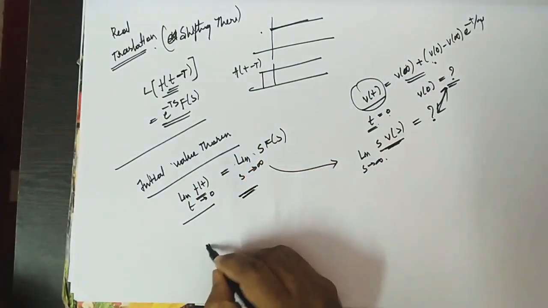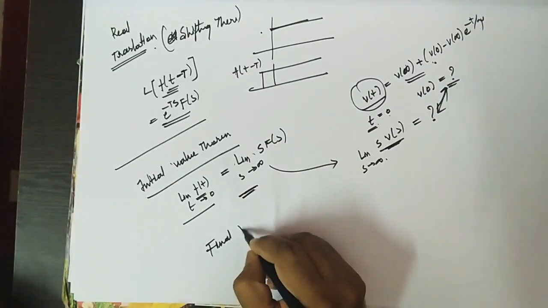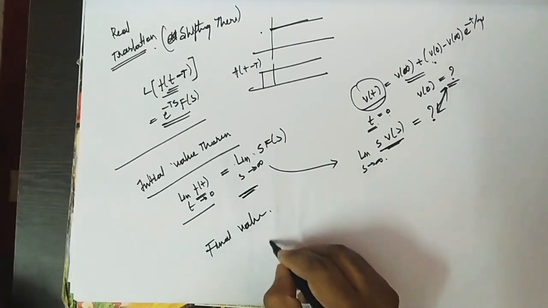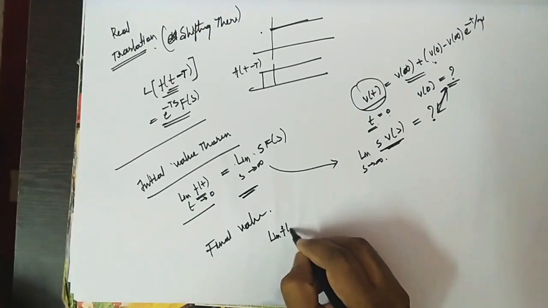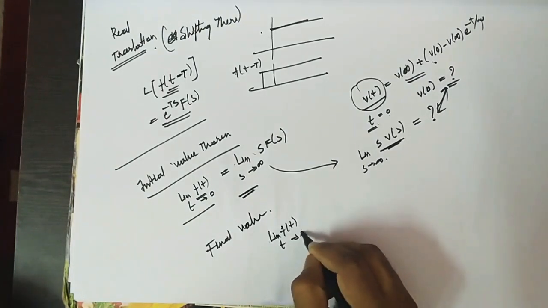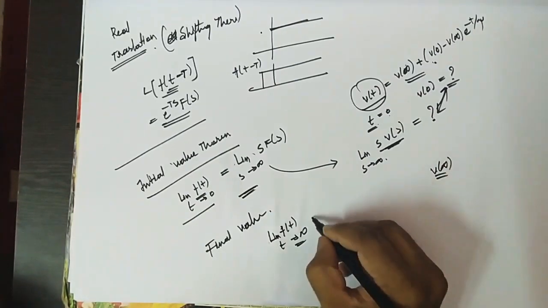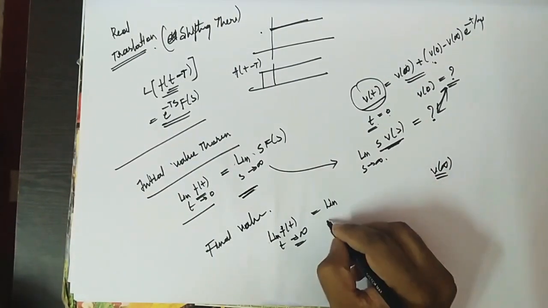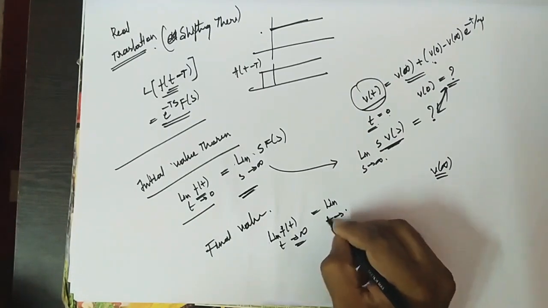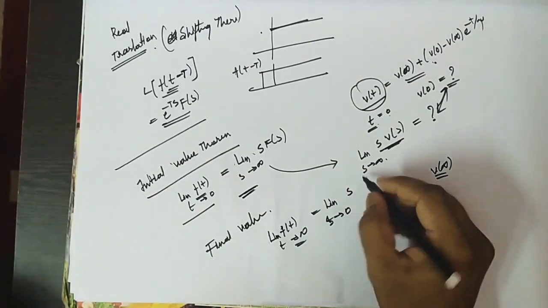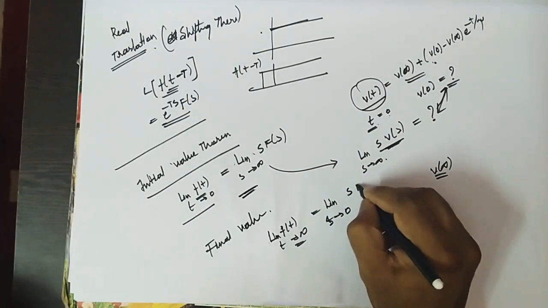Similarly, the final value theorem. This theorem means we need to find the f of t function as t tends to infinity, so the value of V of infinity. In that condition, it is the limit as s tends to 0 of s times F of s.